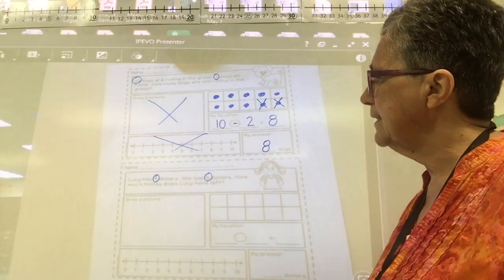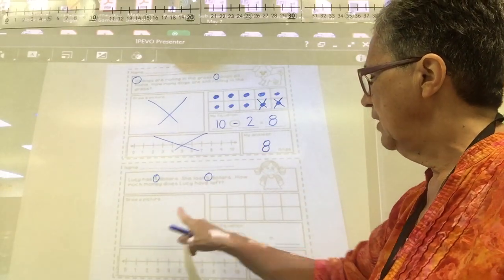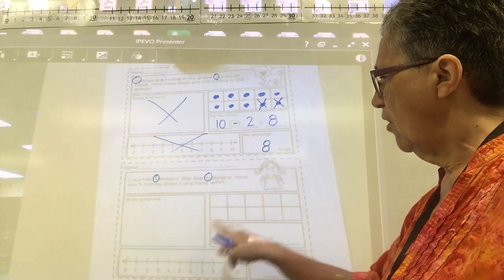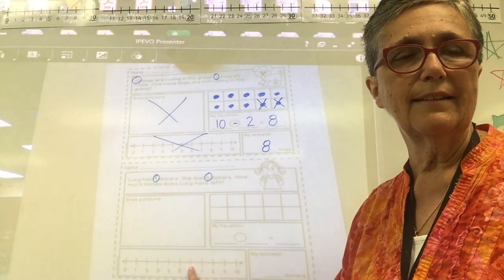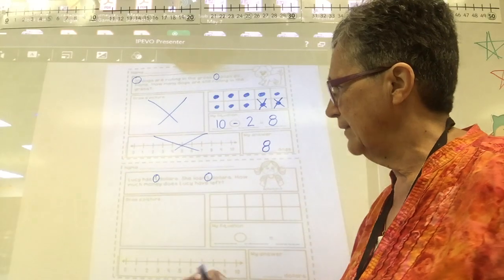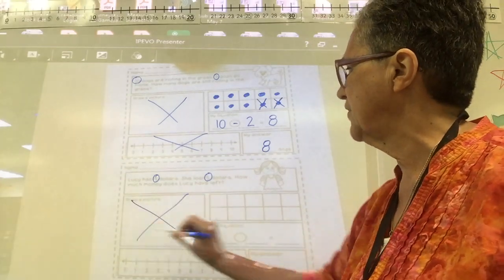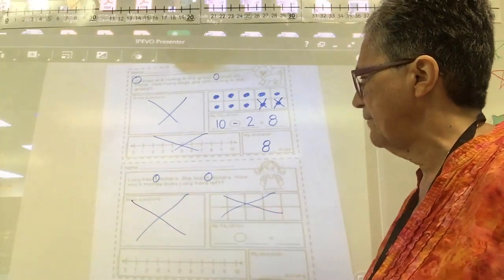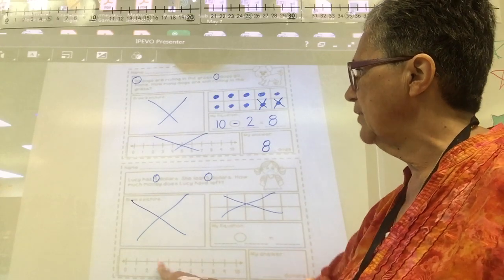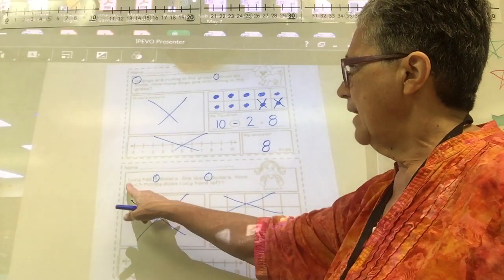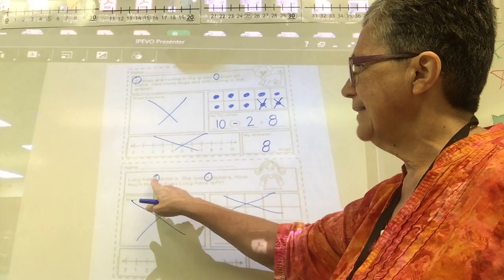So, we get to decide, do we want to draw a picture? Do we want to use our 10 frame? Or do we want to use our number line? Let's use our number line this time, so we don't have to draw a picture, and we're not going to use the 10 frame. We're just going to use our number line. Now, let's go back and look. Lucy has 9.